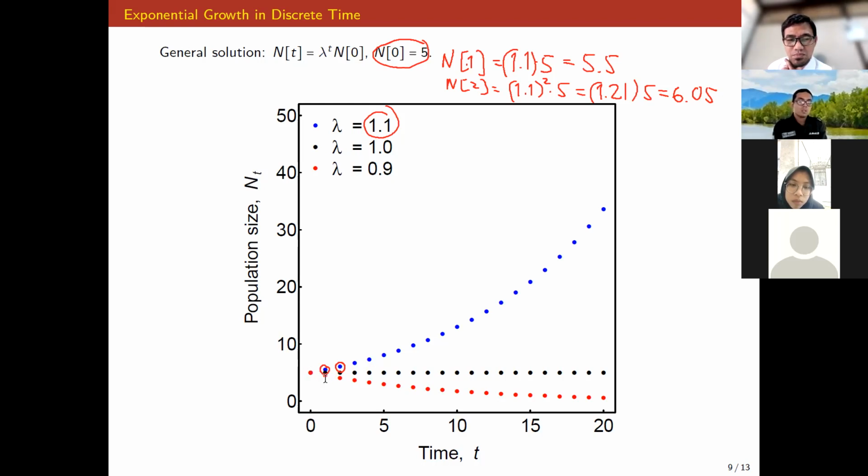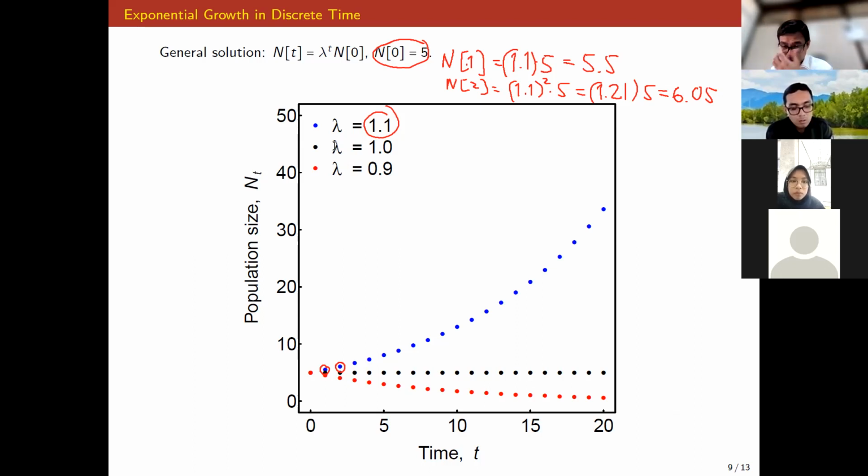And N2 is 0.9 to the power of 2, so 0.81 times 5. Of course it will be less again, the numbers N2, N3, N4 and so on will decrease. So increasing or decreasing of populations depends on lambda.